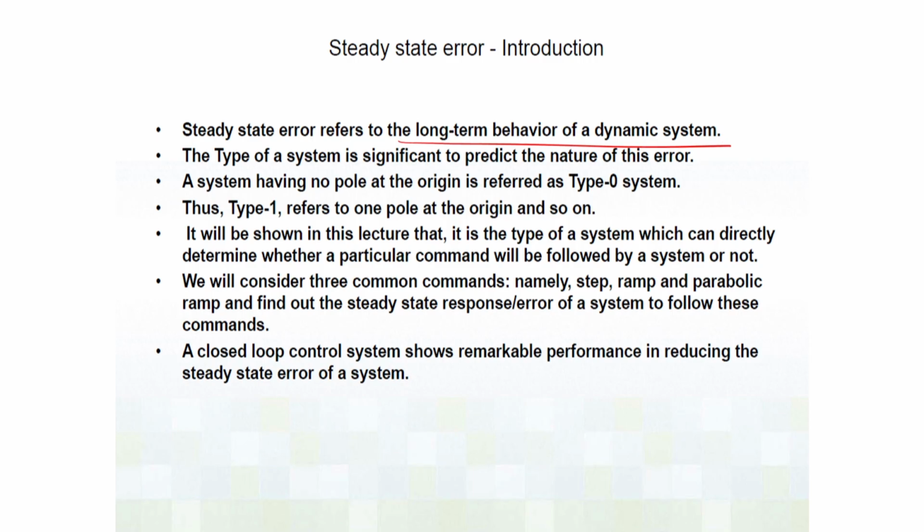Now, the type of a system is significant in terms of this dynamic system. If a system has no pole at the origin, then it is referred to as a type 0 system. That means, if a transfer function looks something like this, let us say 1 over s into (s plus some constant), here you have a root which is at the origin. This is typical of a type 1 system.